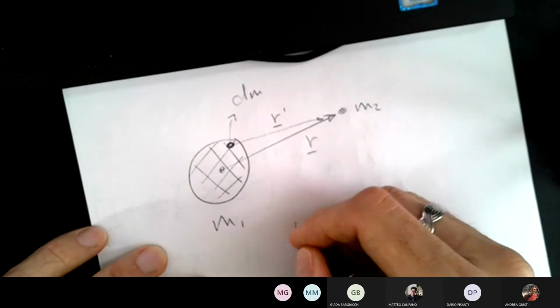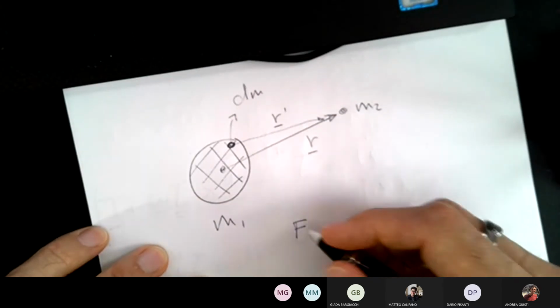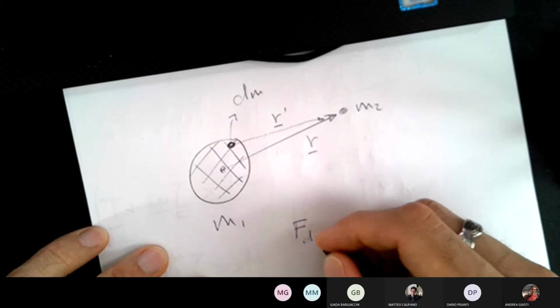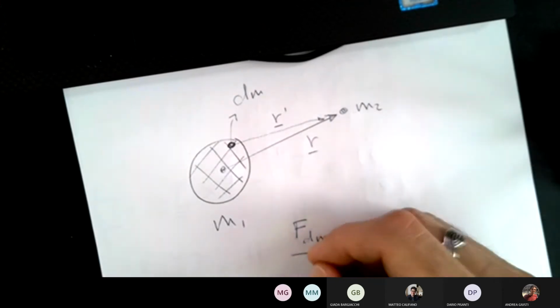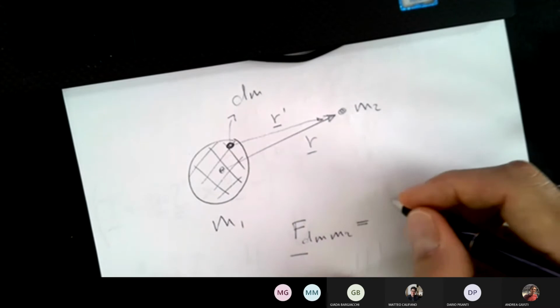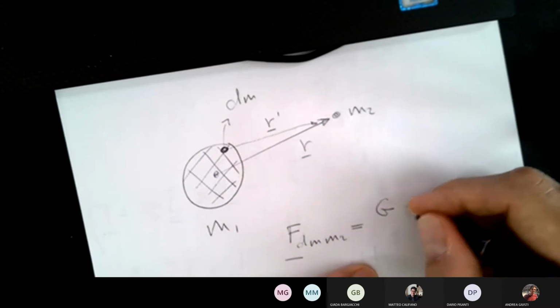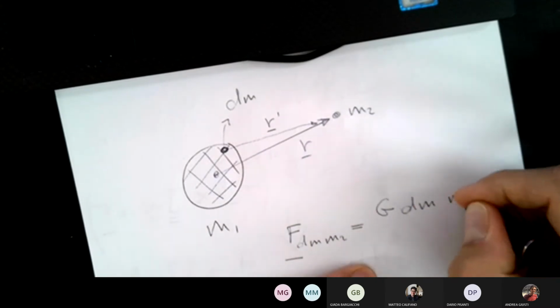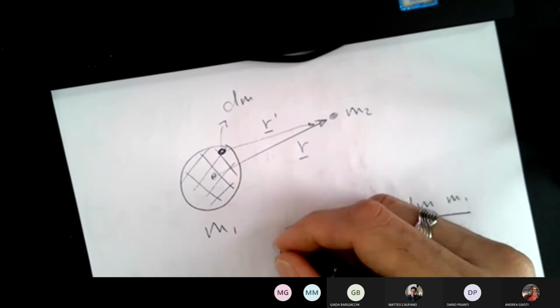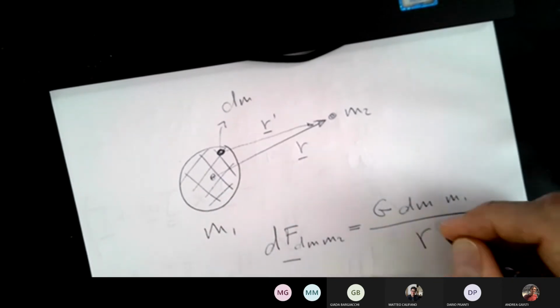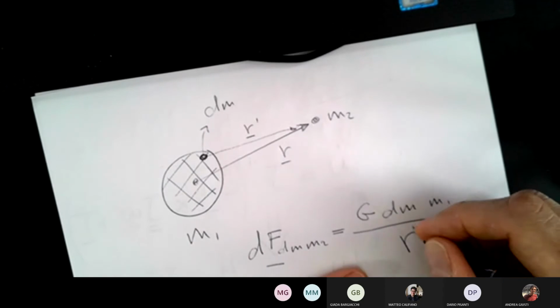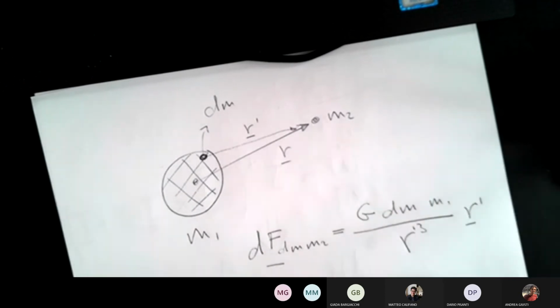So for example, the force that is acting on dm due to the attraction of M2, it doesn't matter which one I write because it's, you know, equal and opposite. In this case, it will be G dm M2 over, so we can call this infinitesimal force if you like, over R prime cubed, R prime vector, okay?